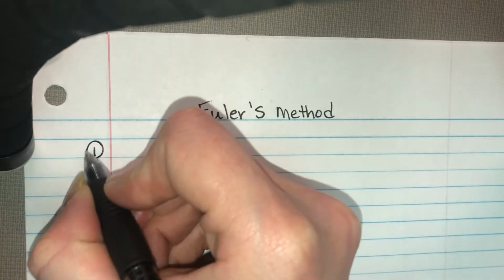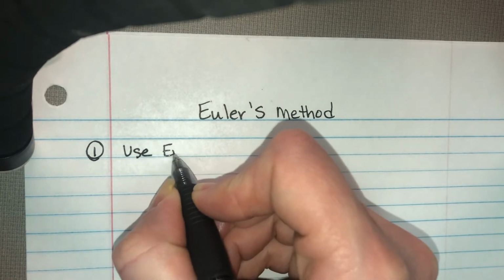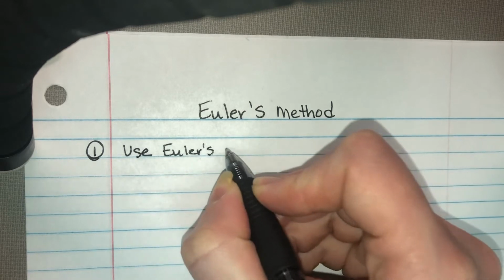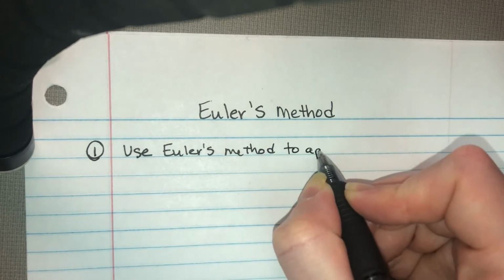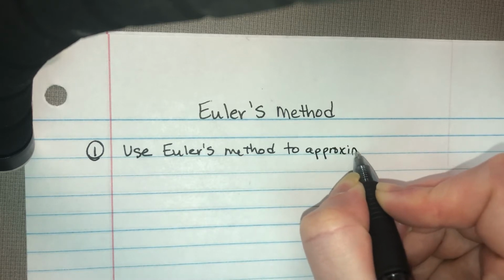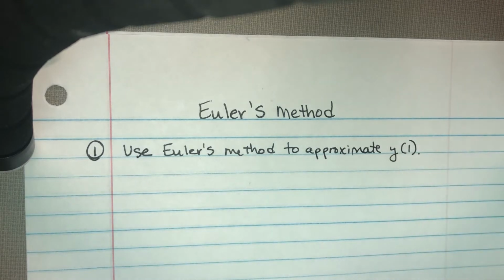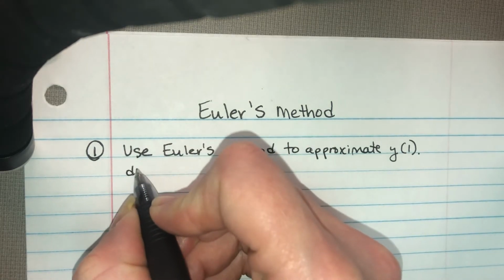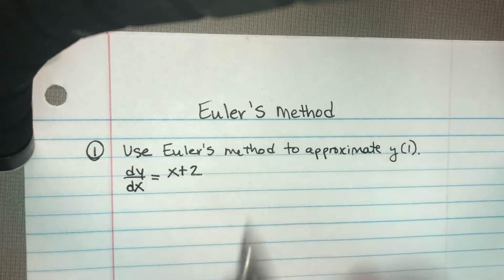So for our first problem, we are going to use Euler's method to approximate y of 1. So that's like if you were to do f of x, the x value is 1, we're trying to come up with the y. And we're given a differential equation: dy/dx is equal to x plus 2, so that's a really super easy equation to use.